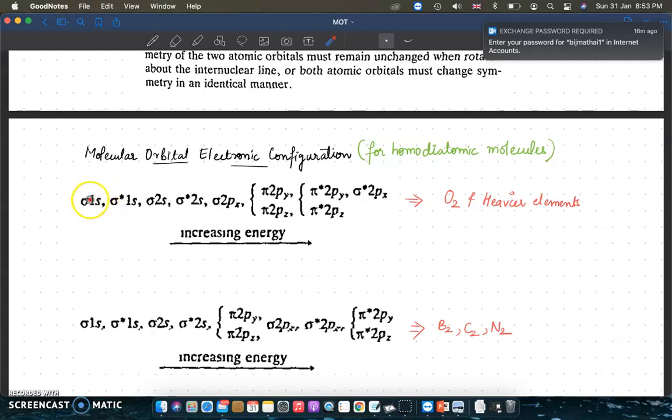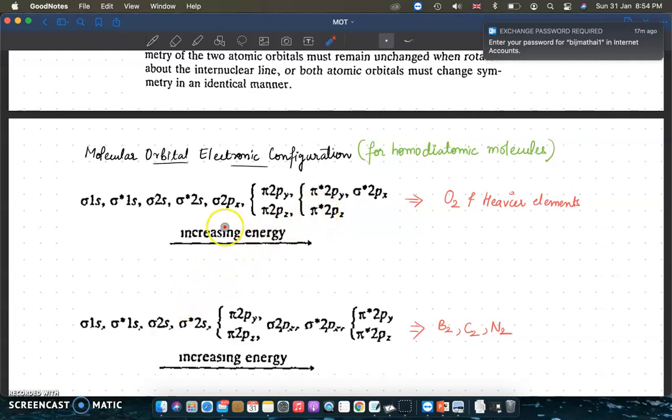So it is sigma 1s. Obviously it will also have a sigma star, then sigma 2s, sigma star 2s. Then for the p orbitals, one of the p orbitals would be involved in sigma bonding, and the other two p orbitals would be involved in pi bond formation, and they are usually doubly degenerate. That means both these molecular orbitals related to p orbitals are degenerate in nature.